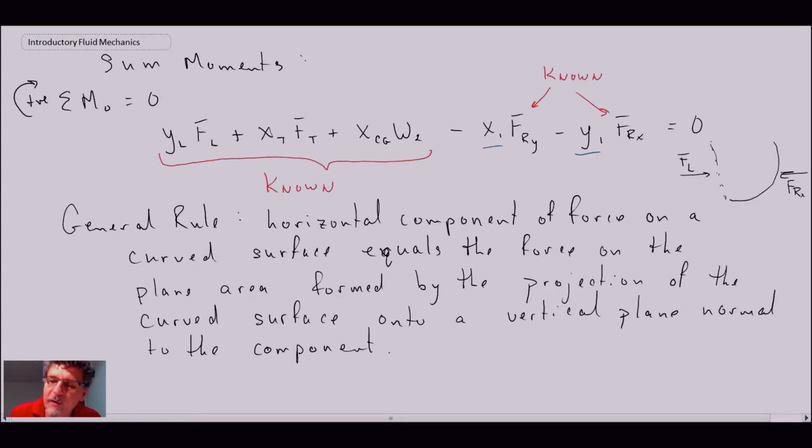It turns out those two are essentially the same, equal and opposite, and they're acting at the same location. So this here we said was YL, Y1 was here. It turns out Y1 is equal to YL, and they're equal and opposite to one another. So that's something that we will use to simplify the equation that we have for summing of the moments. So let's take a look at that.